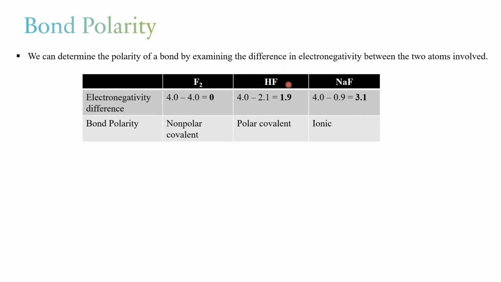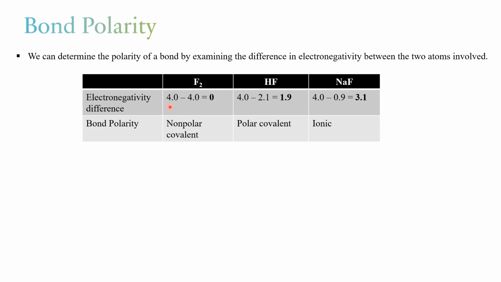Let's take these three examples: fluorine F2, hydrogen fluoride HF, sodium fluoride NaF. If we calculate the difference in electronegativities, we can determine whether they are non-polar covalent, polar covalent, or ionic.